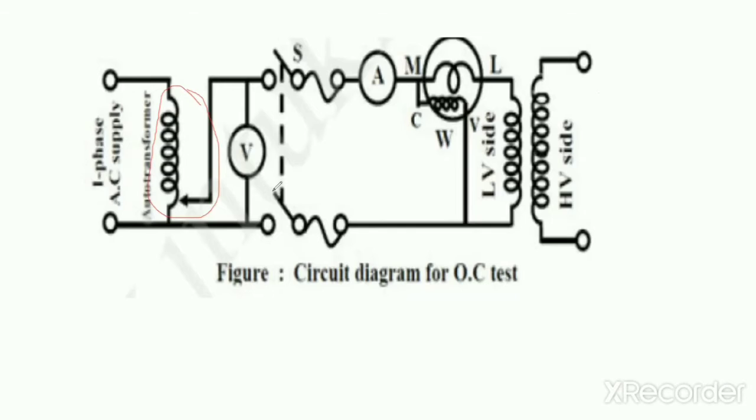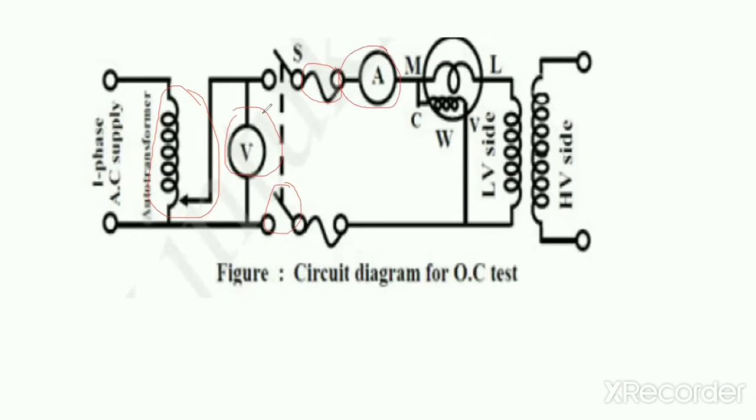This is the DPST switch, that is double pole single throw switch, and this is the fuse. The fuse is the protective device. This is the voltmeter, and this is the ammeter.